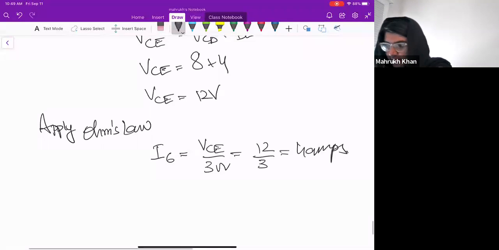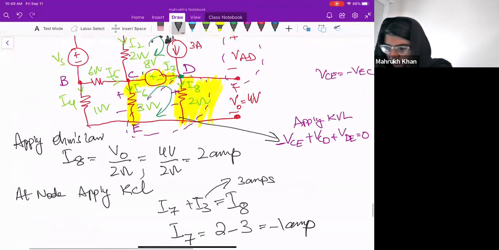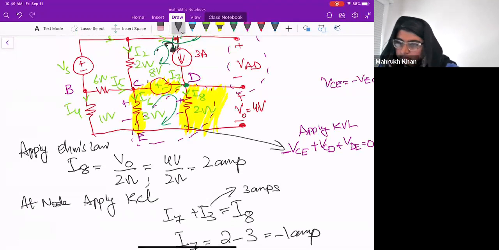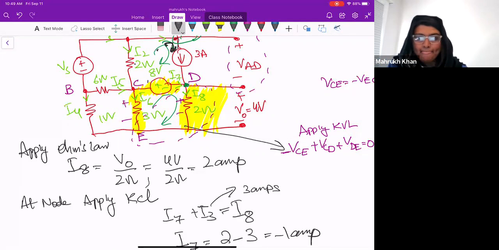Okay, so I'm clear about that. Yes. So if you see in this circuit now, at node C, you have I6 and I7, but you don't have I5 and I2, right?